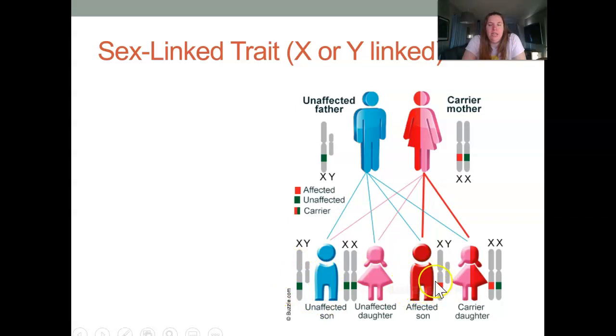However, if the son has the recessive allele, even though the trait is recessive, he doesn't have a corresponding allele on the Y chromosome to protect him from the phenotype. So whenever we see a sex-linked trait, male offspring will have basically a 50-50 chance of having that inherited trait, while the females have a much lower chance.